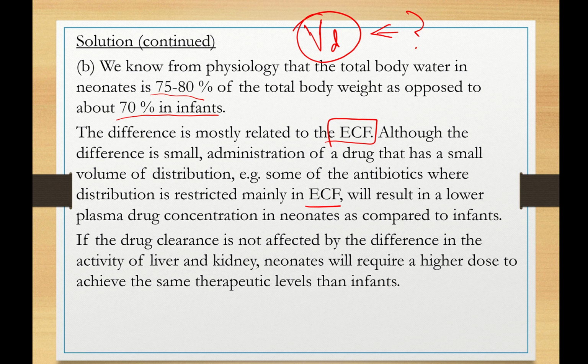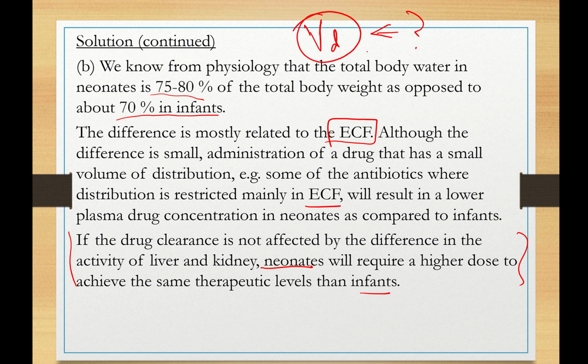Okay? So if the drug clearance is not affected by the difference in the activity of liver and kidney, neonates will require a higher dose to achieve the same therapeutic levels than infants, because they have a higher percentage of extracellular fluid.